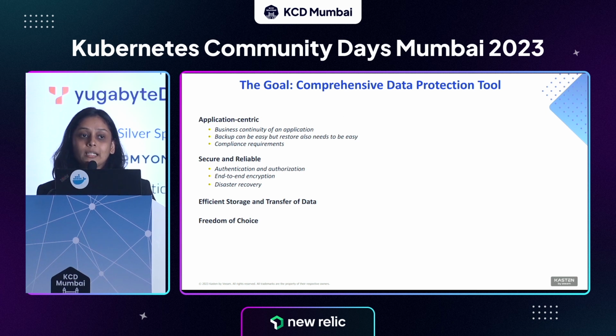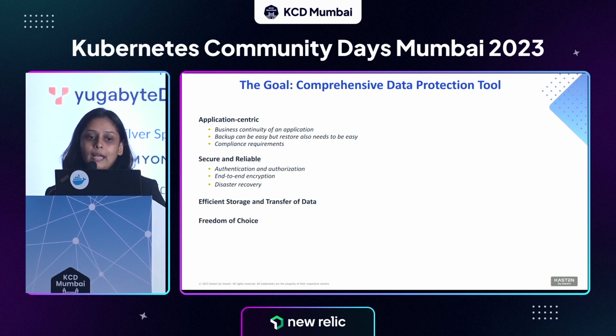There could be certain compliance requirements by the users, that the number of snapshots being taken should be noted to the users, and there should be a minimum requirement of snapshots. The utmost important need of the data protection tool is that it should be secure and reliable. So it should provide some sort of authentication and authorization for the people who can take snapshots or who can modify the snapshots.